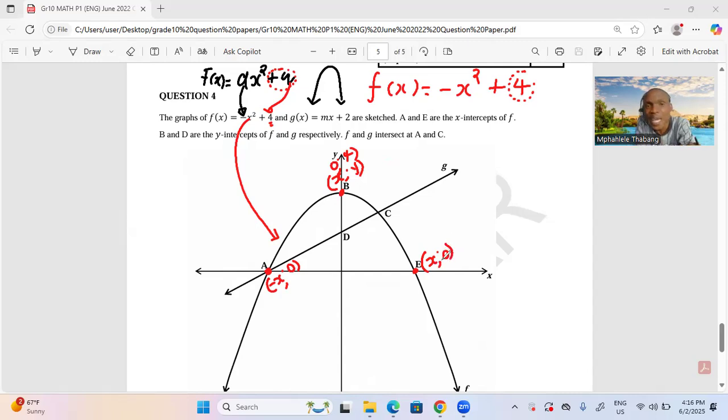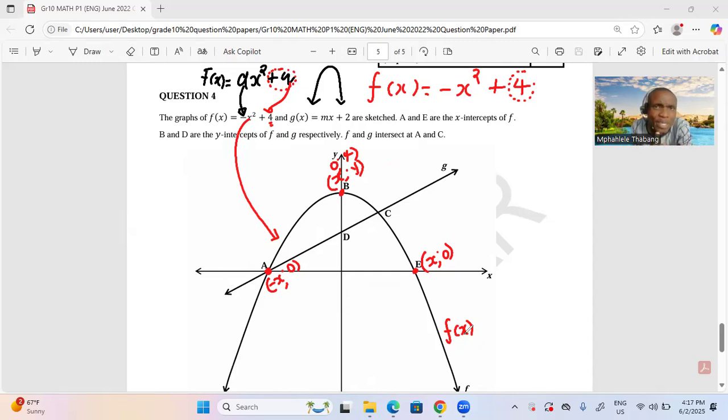Actually, if you look at A and E, we call them the x-intercepts of our parabola graph, which in this case is the graph of f of x. So the point A and the point E are the x-intercepts of the parabola graph.